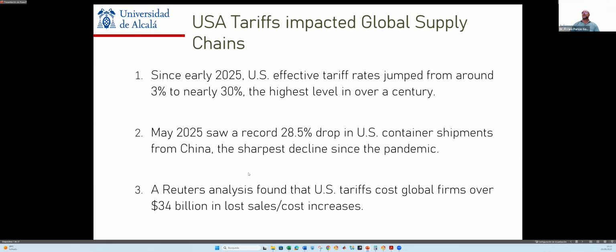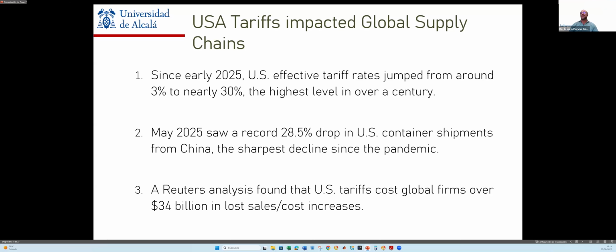Okay, so what about the global impact? It's the high rise of the tariffs, but this is really interesting. The tariffs change made a twofold impact. First was an incredible increase of commercial traffic in the first quarter of 2025, but afterwards it dropped down up to a 28.5% drop in the US container shipments from China.